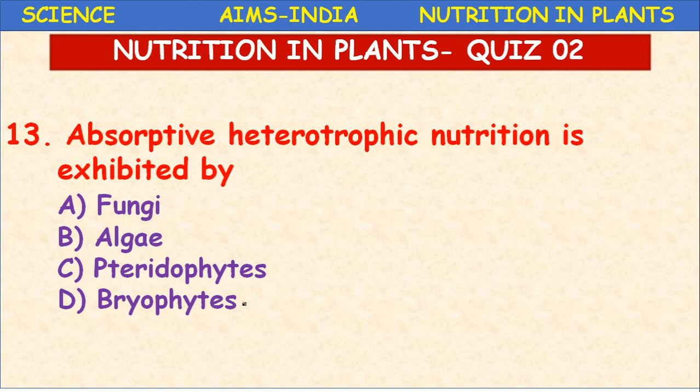Absorptive heterotrophic nutrition means saprophytic nutrition. So here the option is A. Among all these, the non-green plant is fungi. So absorptive heterotrophic nutrition is exhibited by fungi.